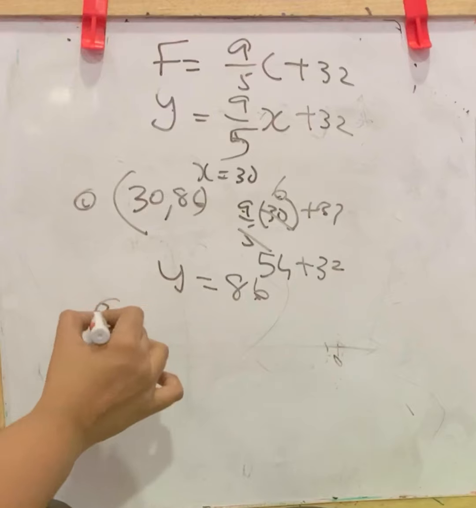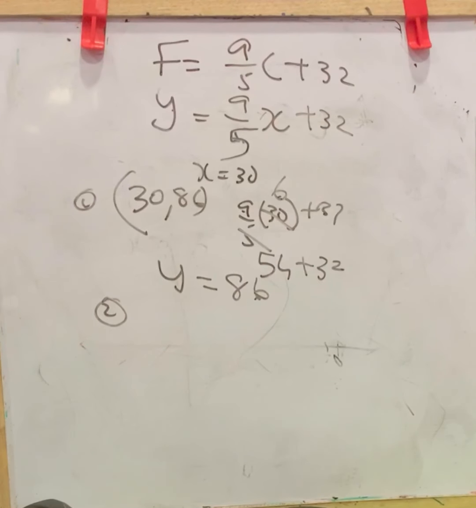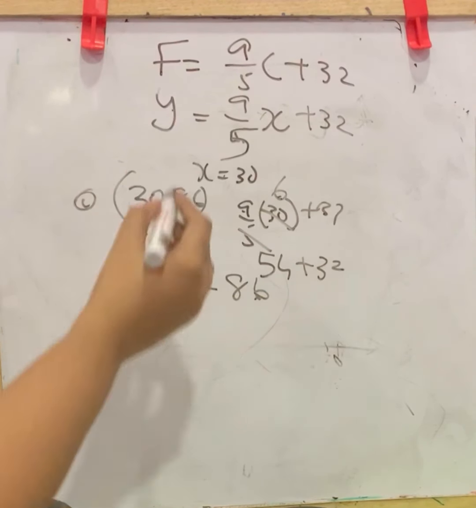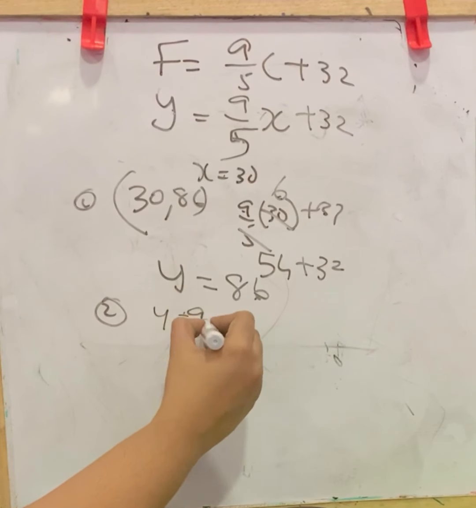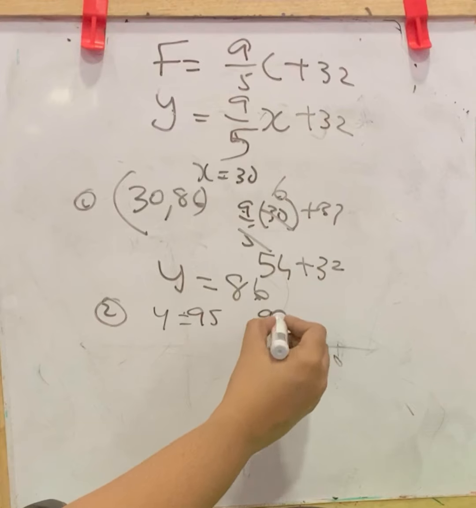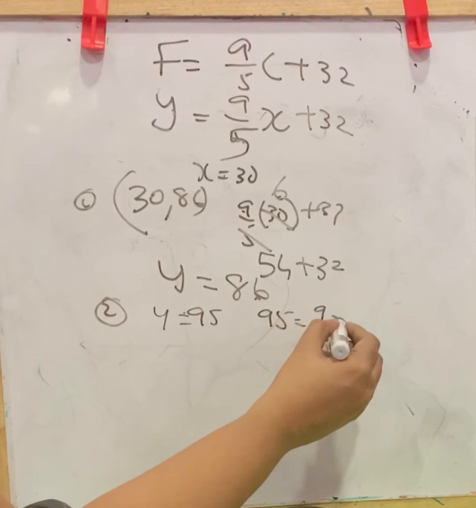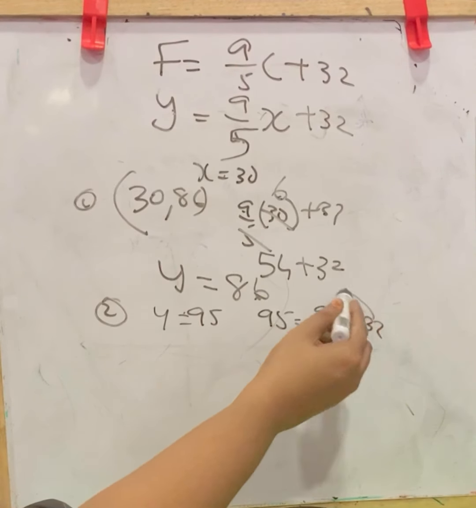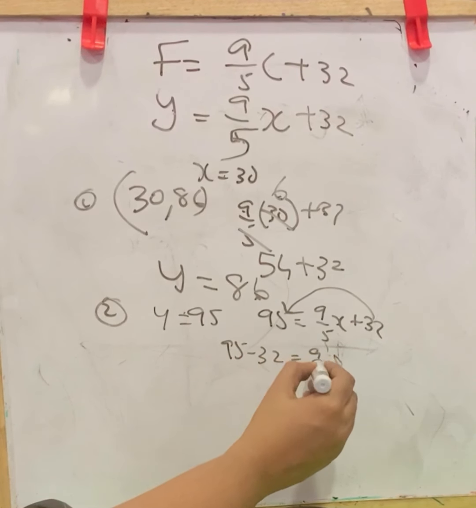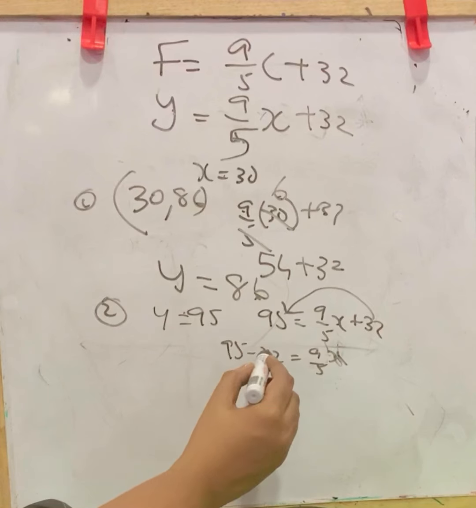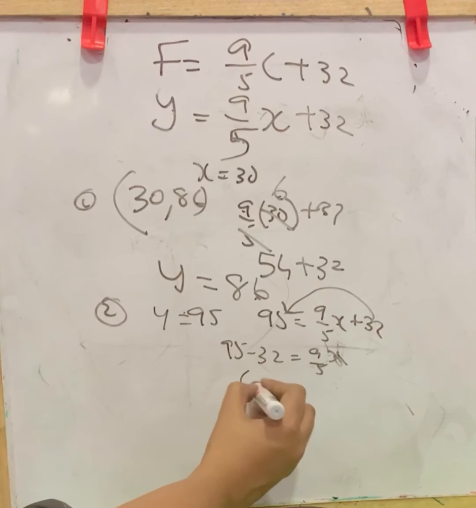Next case, if F is 95, y is 95, this is given. Then this can be written as 95 equal to 9 by 5x plus 32. Take this 32 to the side: 95 minus 32 equal to 9 by 5x. 95 minus 32 is 63.